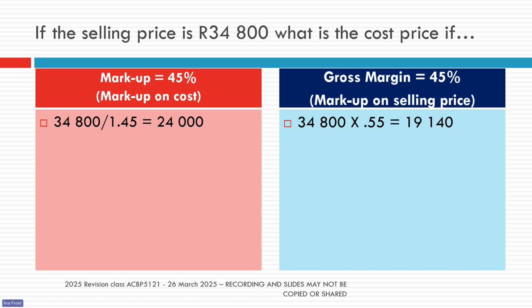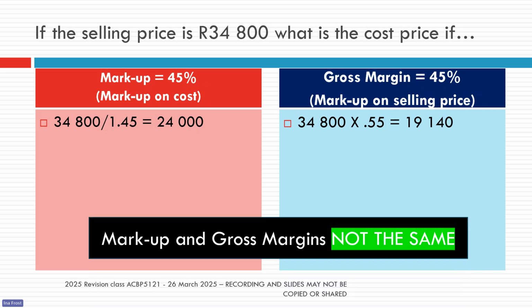If I use a 45% gross margin, the cost price of the item changes and is now 19,140. So you can see that when we are given the selling price and we need to calculate the cost price, it gives us again two very different answers, whether the markup is on the cost price or is it a gross margin.